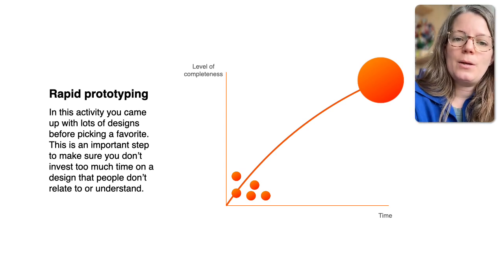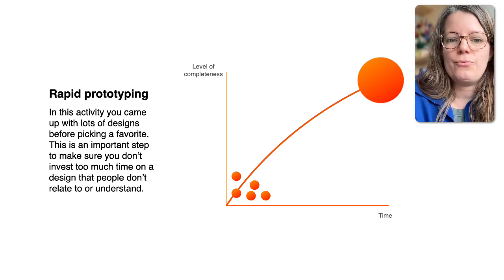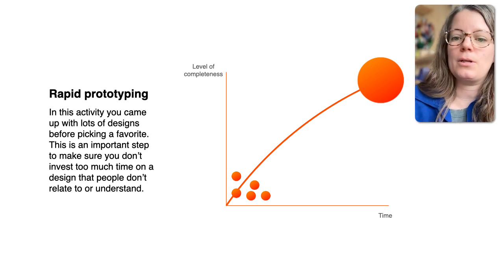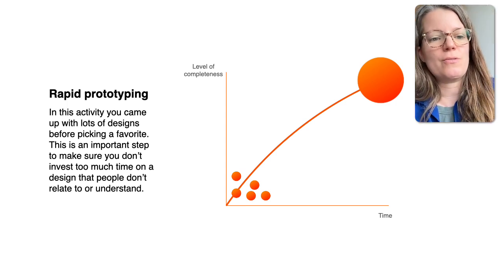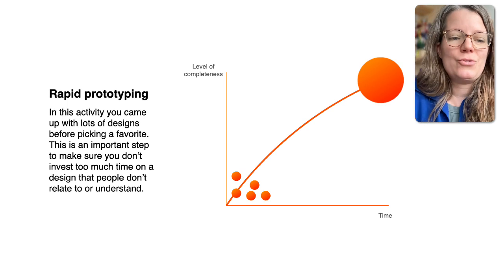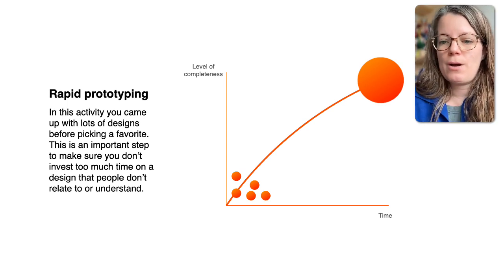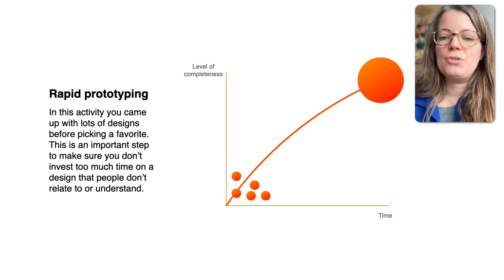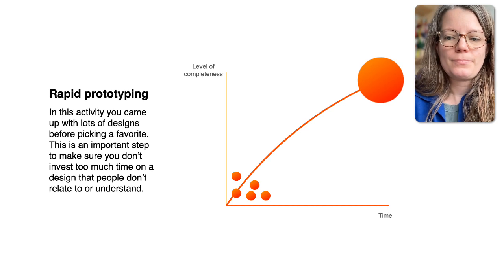So that's why we ask you to get feedback often and early from your classmates, or you can also go ahead and show this to your parents or siblings or grandparents or whoever else you want to ask for feedback, of course. So right now, look at the people around you and show them your designs.